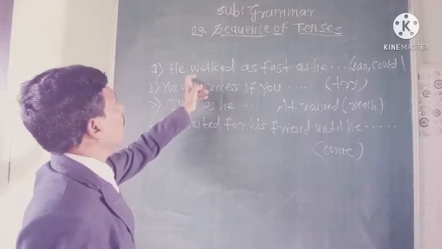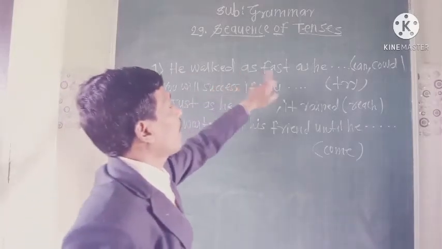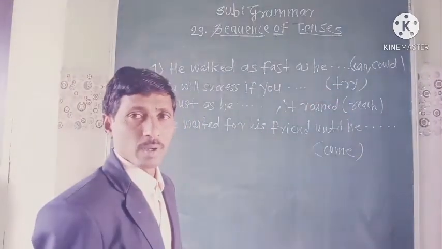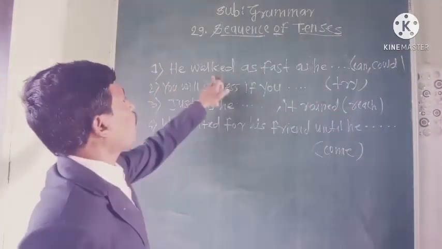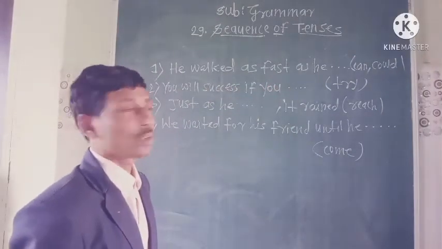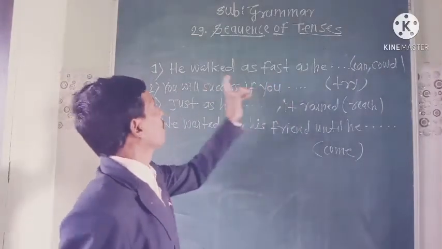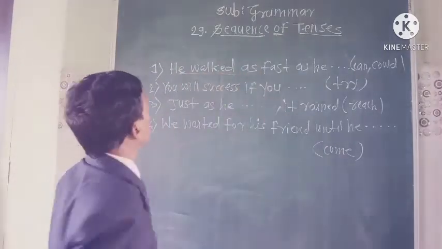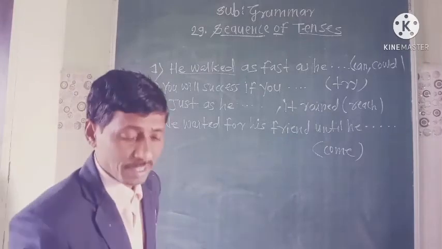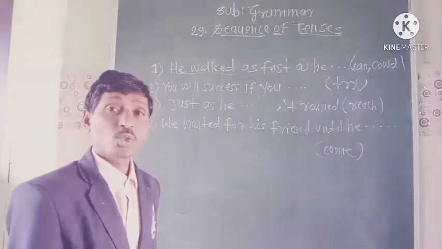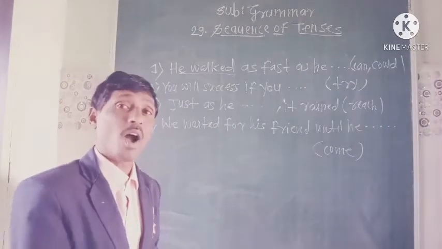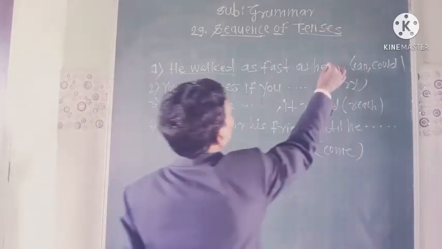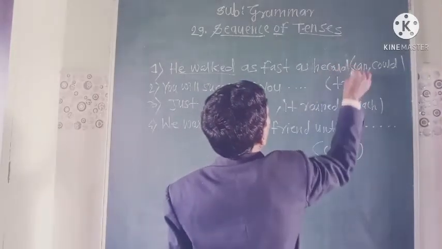First example: he walked as fast as he, with the verb given in brackets. Here the main clause, he walked, is in past tense. So if it is past tense, after that it will again be past tense. The answer will be could.